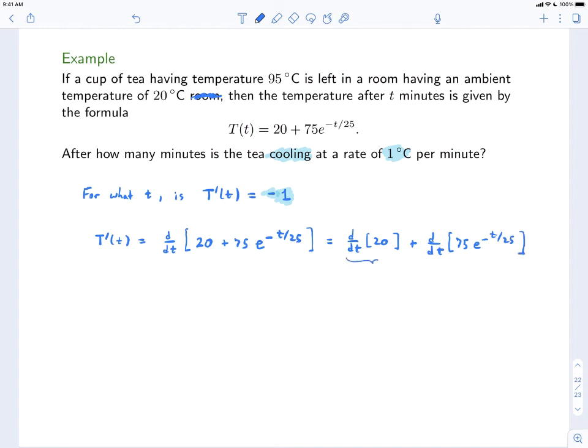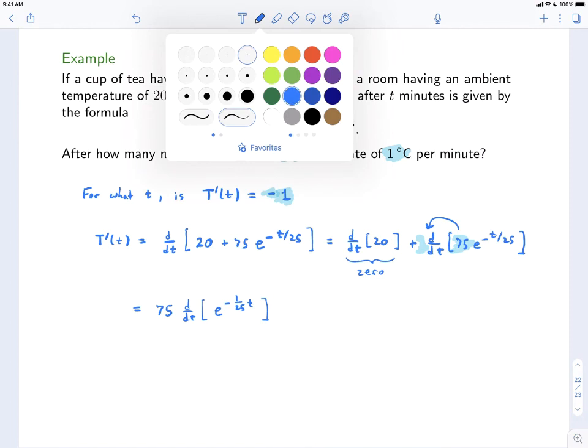Of course, the derivative of a constant is 0. So we end up with 0 plus the derivative with respect to t of 75, which is a constant. So we can take that constant out and put it in front. So this will be 75 times the derivative with respect to t of e to the minus 1 over 25 times t. Now I've written it like this so we can see that we're using the exponential rule.